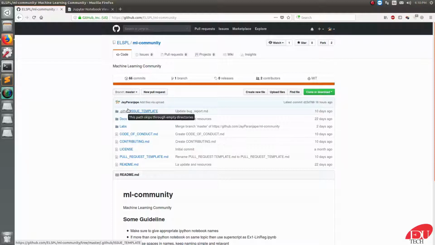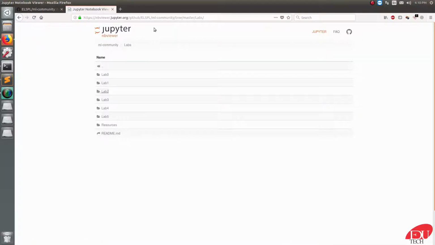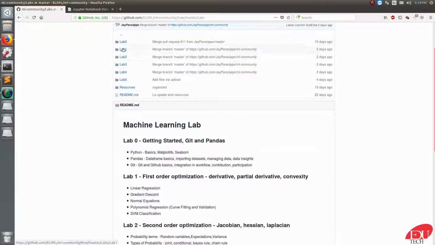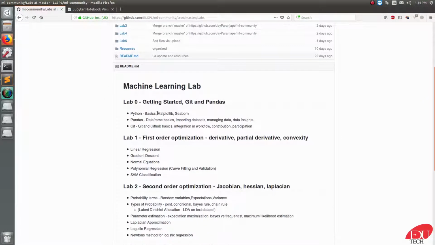So let's talk about labs. I will be using nbviewer.jupyter.org to view the content of these labs, as this is a faster option. So the labs are divided from lab 0 to lab 5, and there's the resources section we talked about earlier. Lab 0 is basically getting started with Python, as this repository will have code written in Python exclusively.